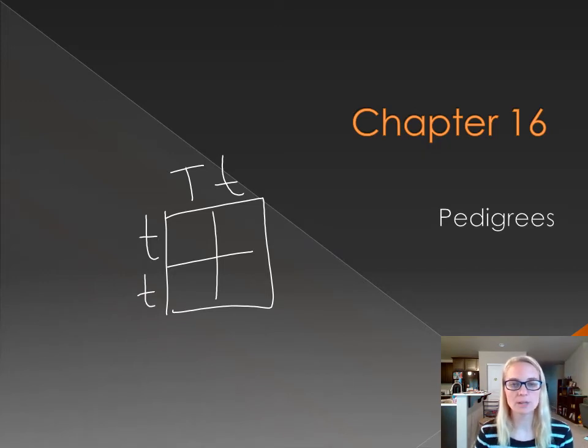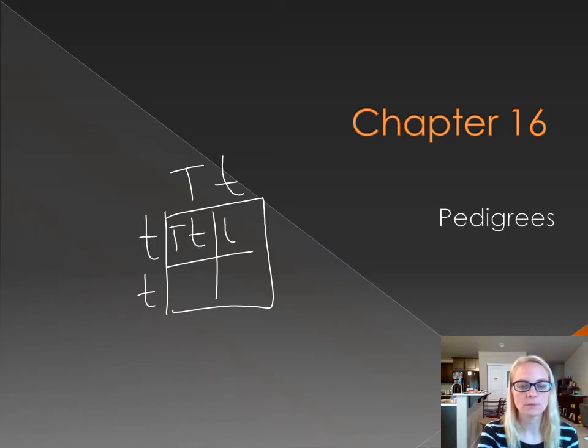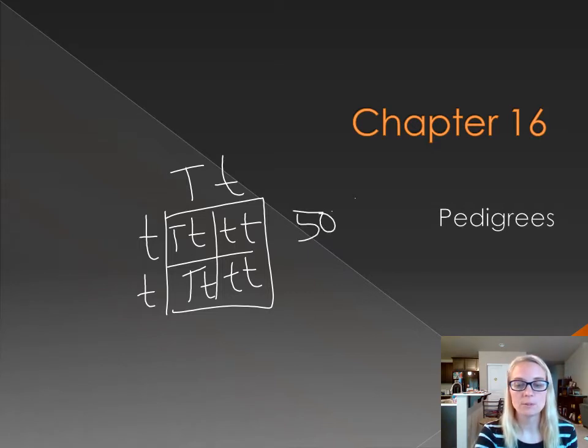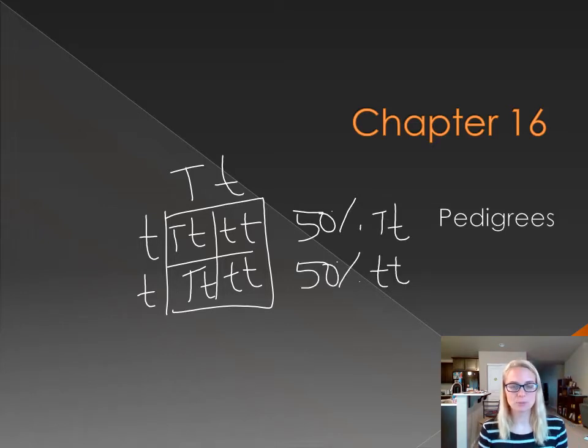If you had a heterozygous parent crossing with a homozygous recessive parent, you could fill out your Punnett square, and it gave you the percentages: you would have 50% heterozygous and 50% homozygous recessive. So that's kind of predicting the future.